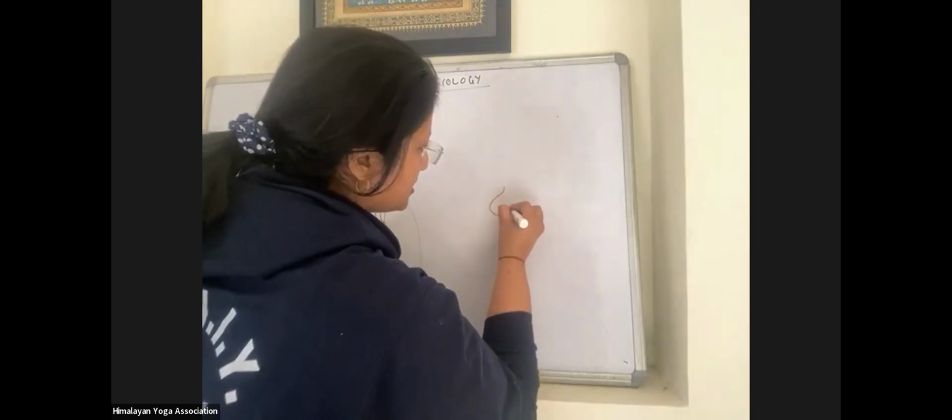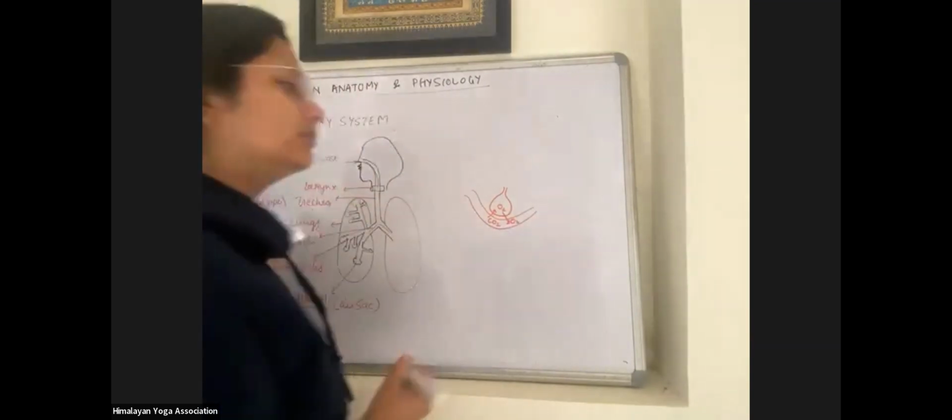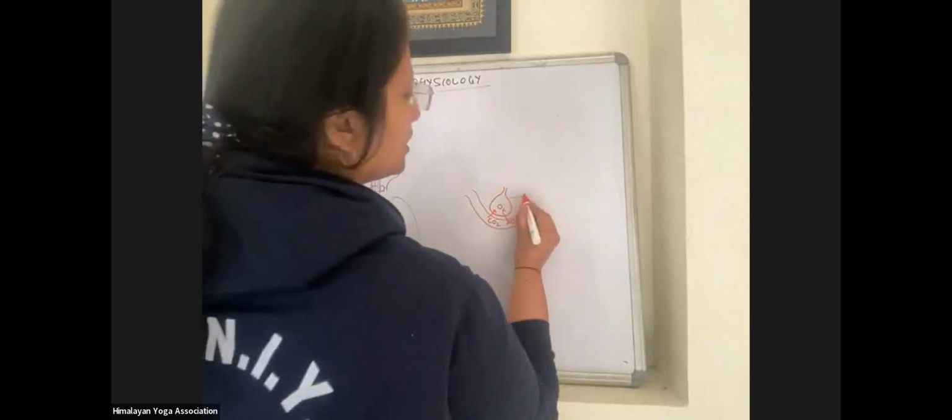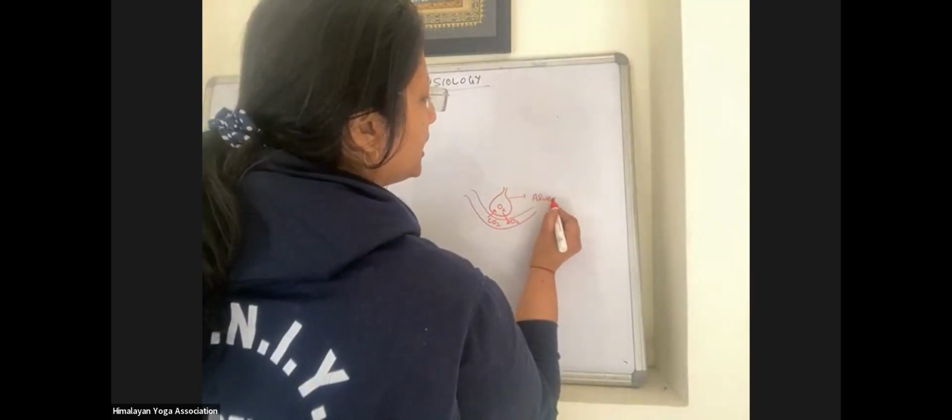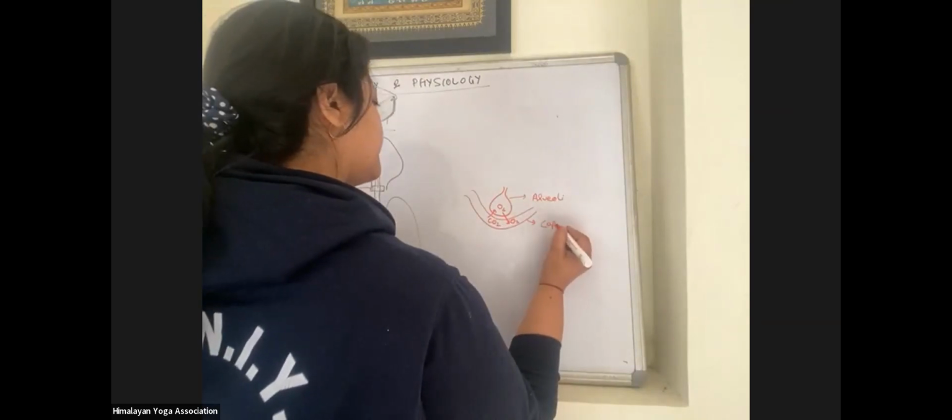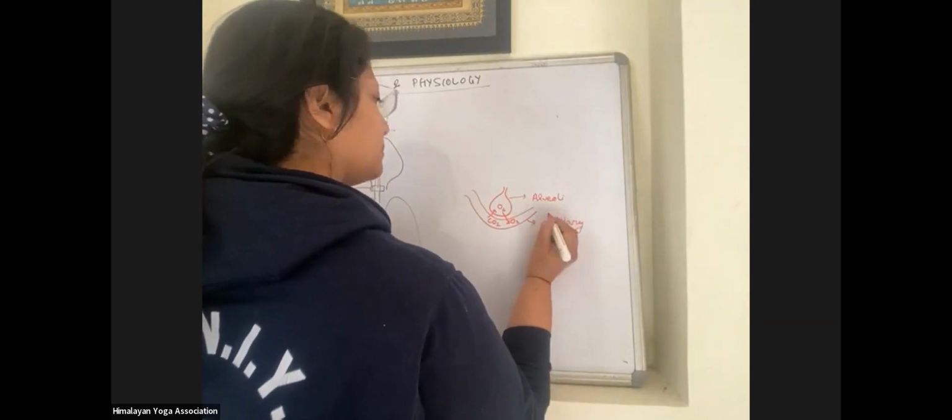Like say, this is the alveoli, and then there is an artery. Okay, this is the capillary. Here we have O2, here we have CO2. So this CO2 will go inside and O2 will come inside. Okay, this is the alveoli and this is the blood capillary.